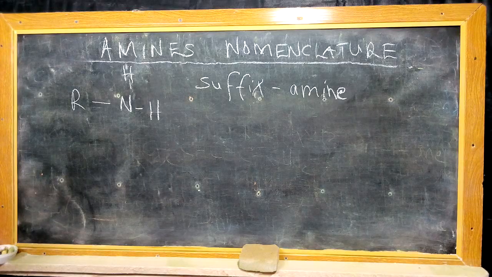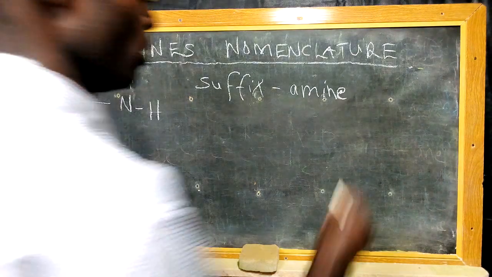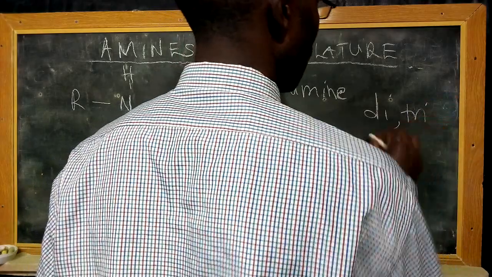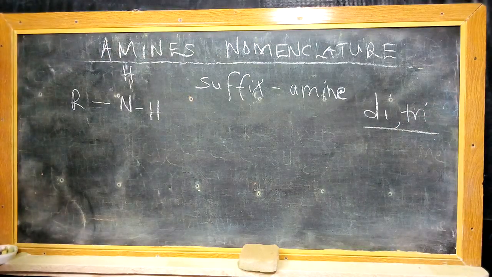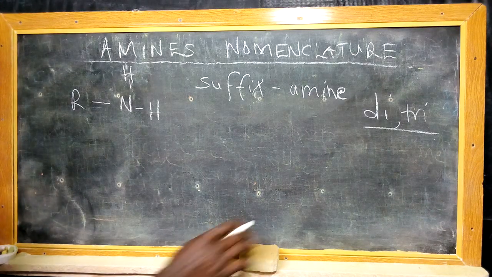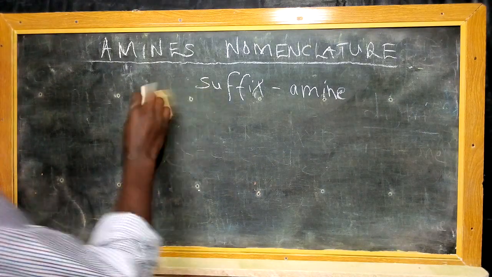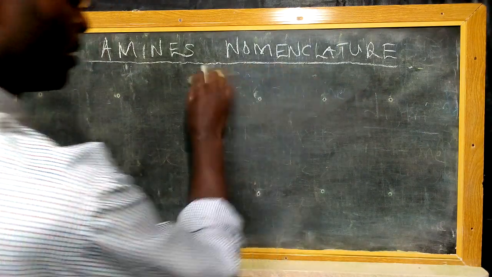We also use the terms di and tri to denote double or triple substitution of the same groups. Amines also display the first, second, and third degree of substitution that we call primary, secondary, and tertiary amines.